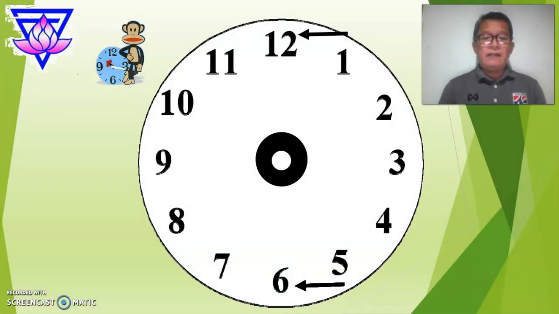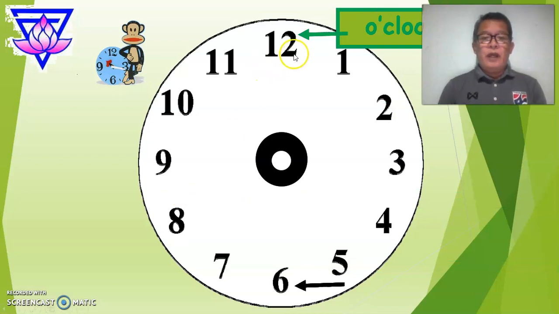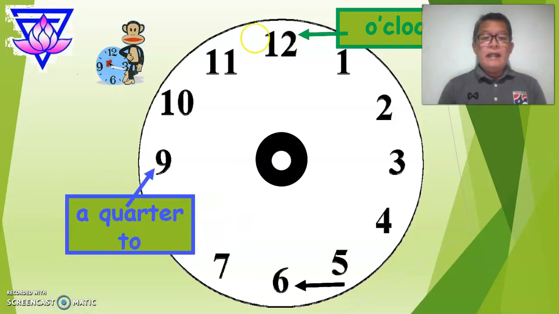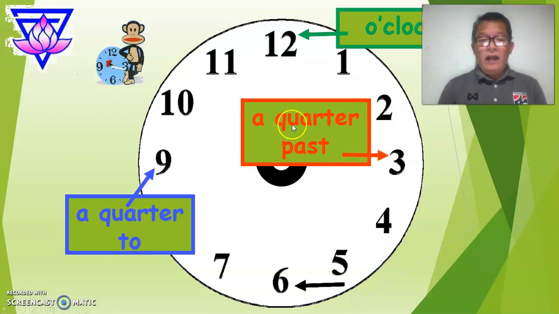Right here, if the long hand is on the 12, we call it o'clock. If the long hand is on the 9, we call it quarter to. If the long hand is on the 3, we call it quarter past.